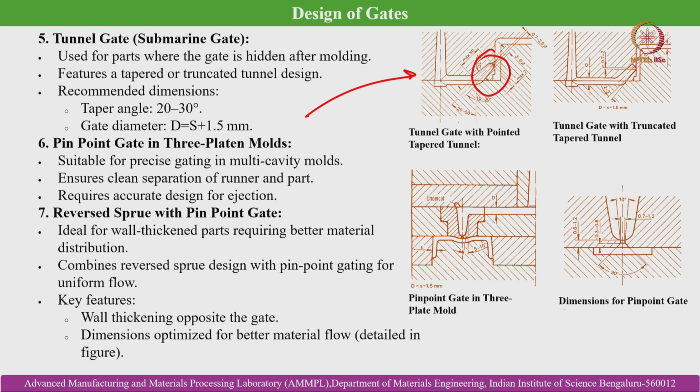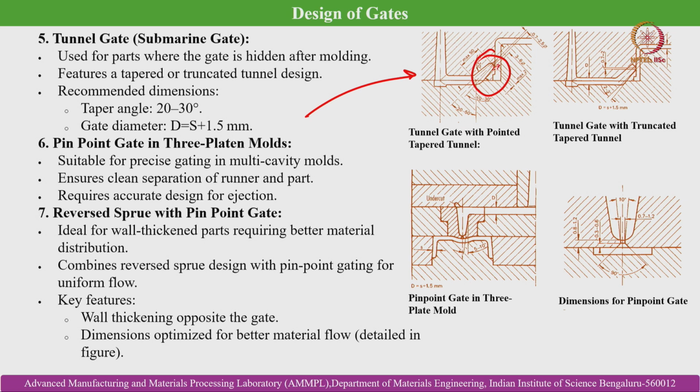It recommends dimensions: the taper angle here is around 20 to 30 degrees, and the gate diameter D is equal to S plus 1.5 mm. That means the gate diameter is slightly higher than the diameter of the runner cross section over here.